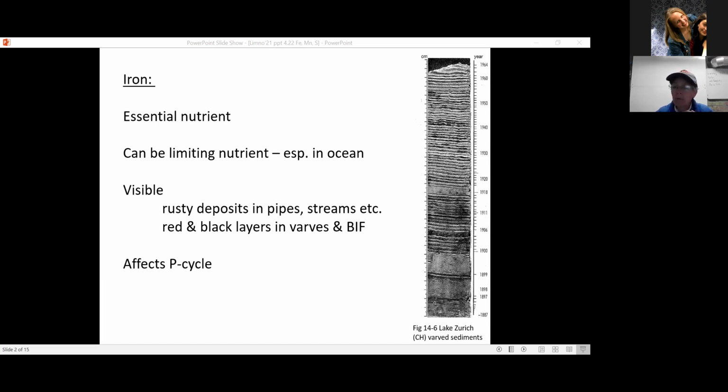And iron, when it's reduced, is black. So the banded iron formation rocks of northern Minnesota, the BIFs, are recording episodes in the history of the Earth when there was oxygen in the atmosphere and the iron precipitates orange, and no oxygen or low oxygen in the atmosphere and the iron precipitates black.